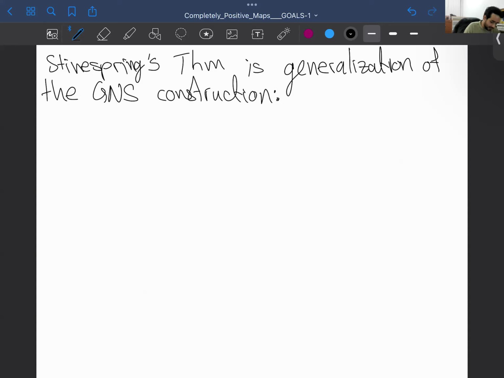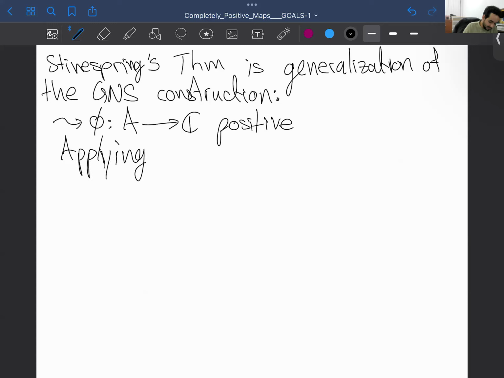So let's start with a linear functional that is positive. As I already mentioned, this implies that that linear functional is completely positive, and we can apply the Stinespring theorem to phi.